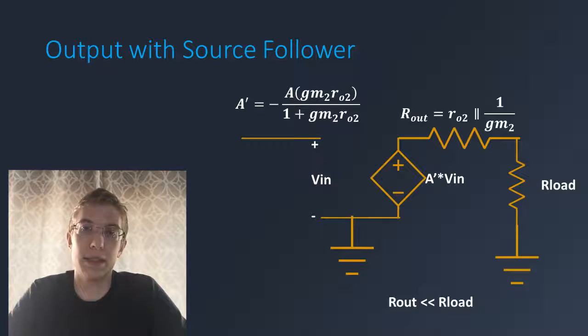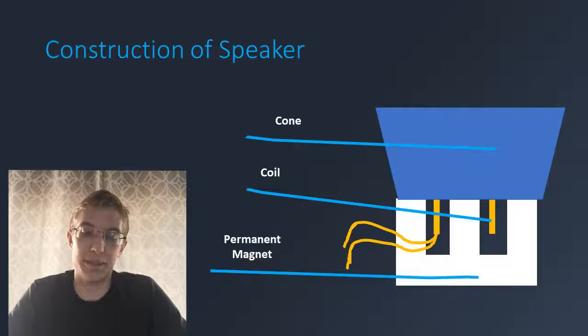However, in this instance, Rout is much smaller than the load resistance, which means that the majority of the output of the amplifier is dropped across the speaker and not the output resistance. There is a downside to this in that introducing this source follower reduces the gain of the system, but this can be compensated by increasing the gain of the first stage.